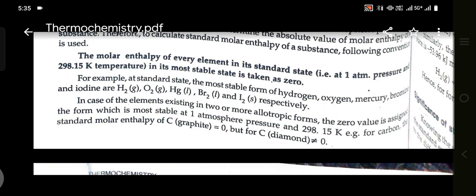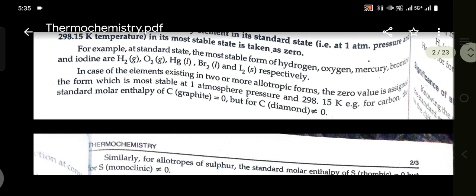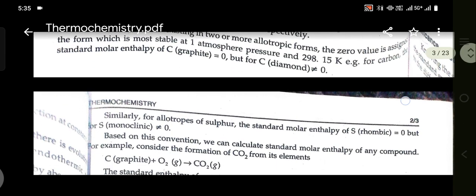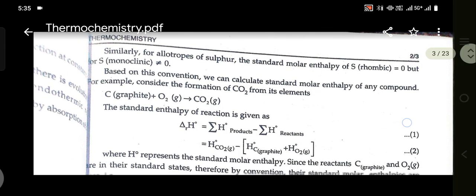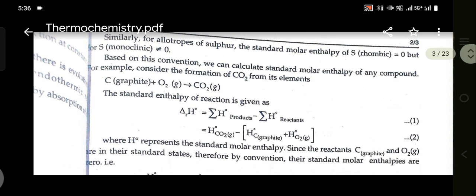For example, for carbon, the standard molar enthalpy of carbon graphite is 0, but for carbon diamond it is not 0. Similarly, for the allotropes of sulfur, the standard molar enthalpy for sulfur rhombic is 0, but for sulfur monoclinic it is not equal to 0. Based on this convention, we can calculate the standard molar enthalpy of any compound.